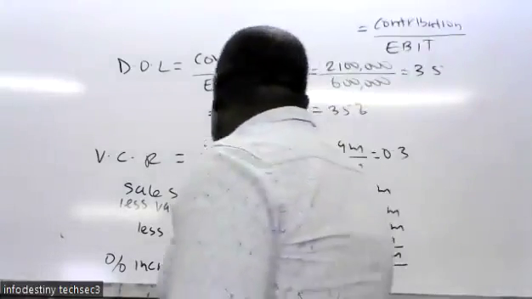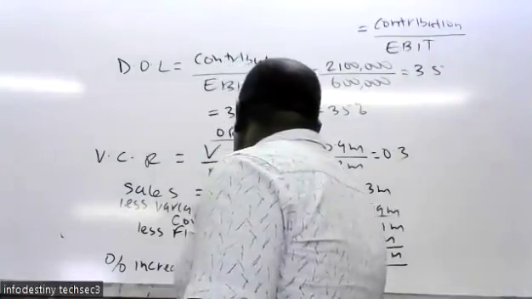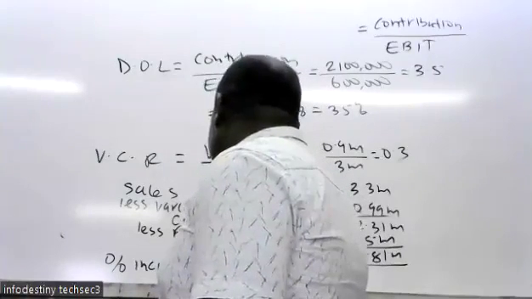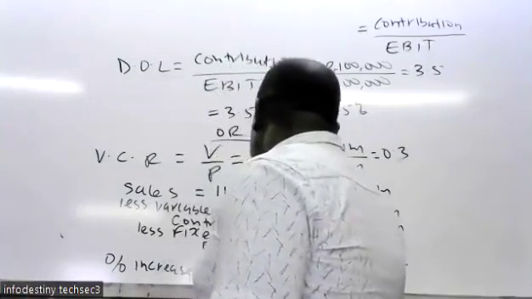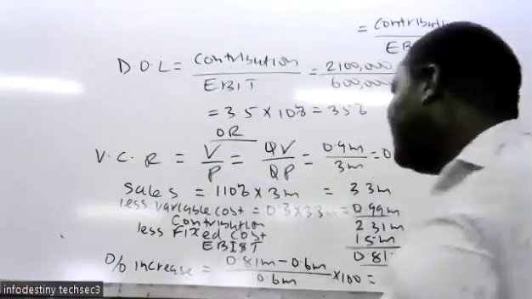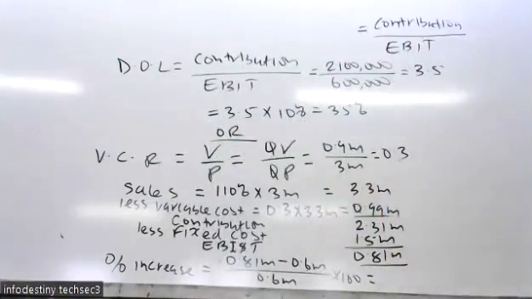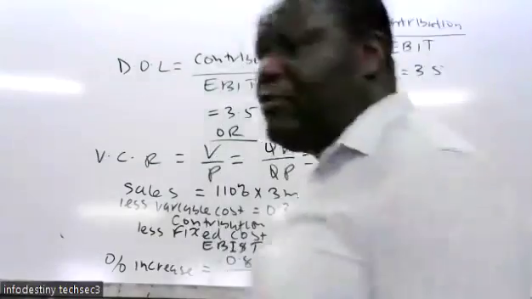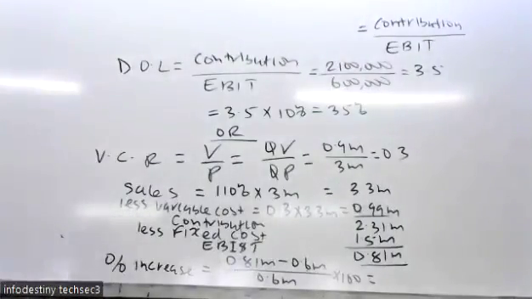So you subtract 0.6, divide by 0.6, and express it as a percentage to see whether you get the same figure of 35%. That one is without leverage, but the other one was with leverage.